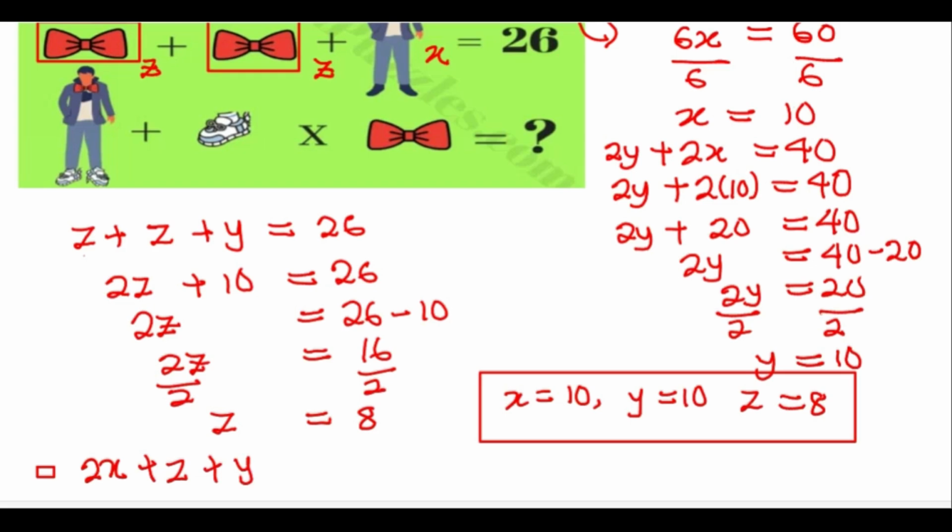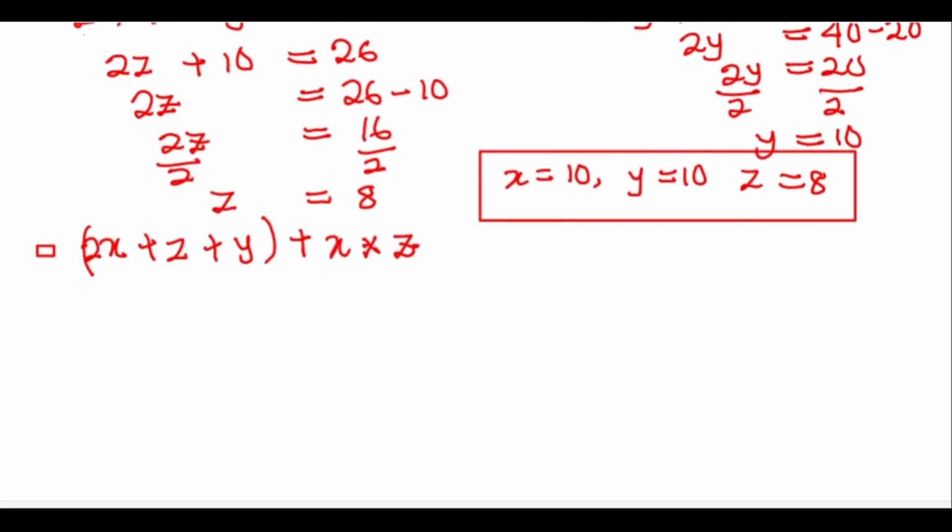So we put this in brackets, plus a boot, which is considered as x, multiplied by a bow tie, which is z. Now let's substitute in the values.